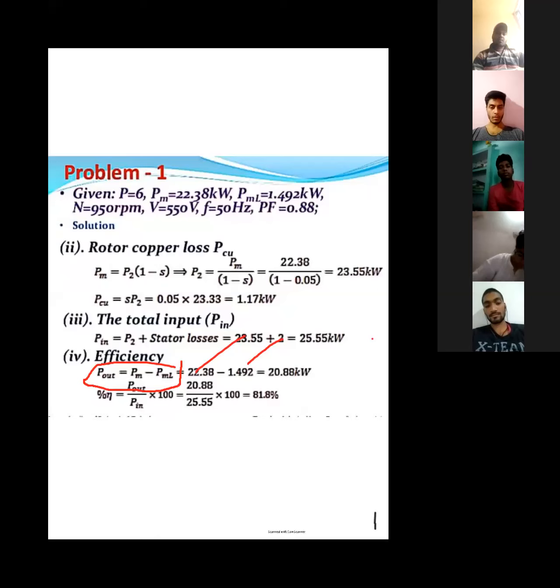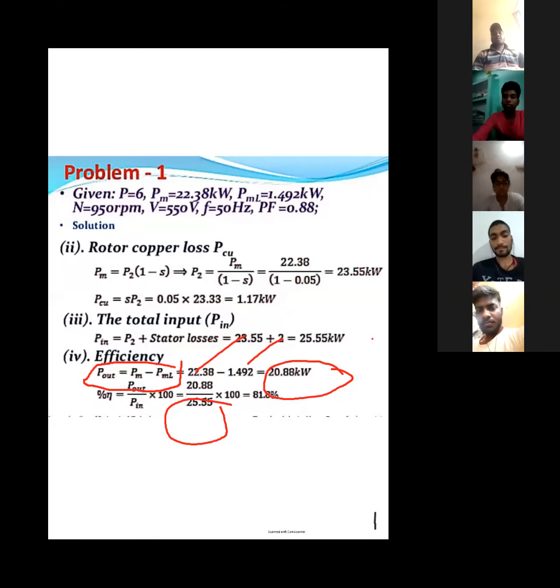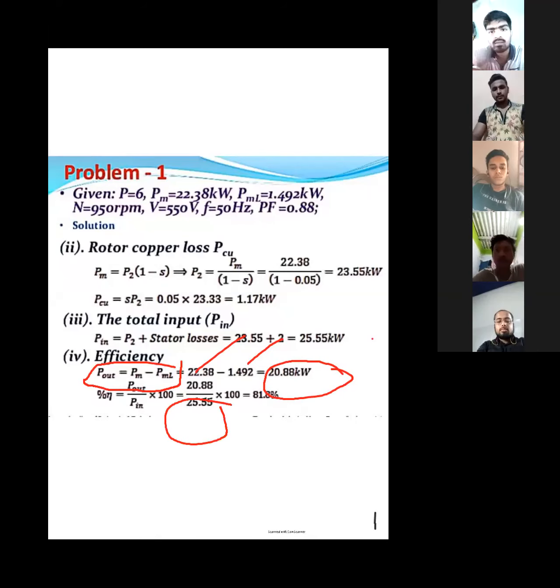Input power is 25.55. So the ratio between these will be the efficiency. Output by input: output is 20.88 and input is 25.55. So it will be 0.818 in per unit, or you can say 0.818 into 100, that is 81.8%.